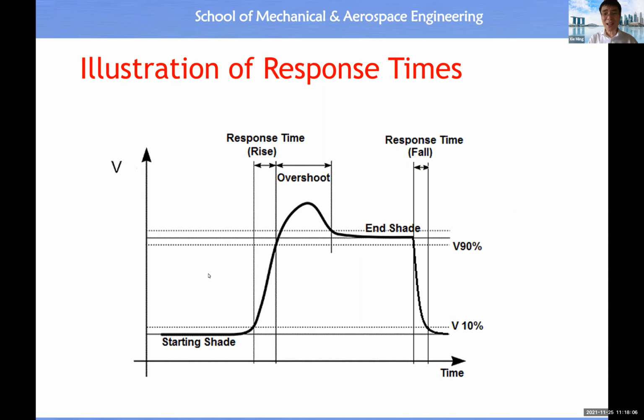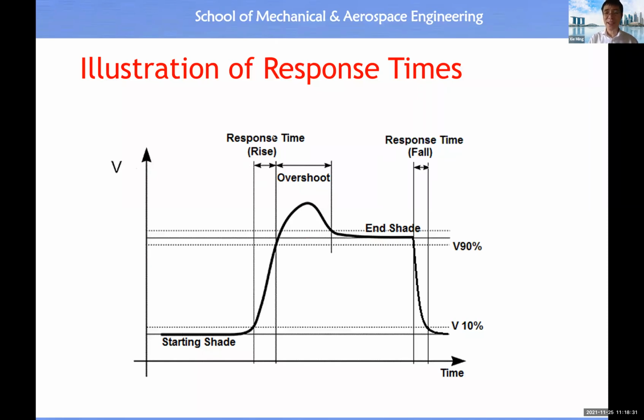Then response time. It means the time taken by the output to enter an error band, for example plus or minus 10%. Let's say we can tolerate plus or minus 10% error. Then the time taken by the output to enter the error band, we call the response time or settling time.